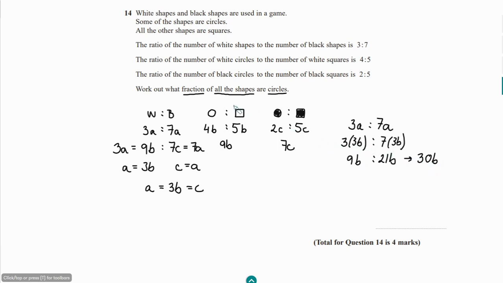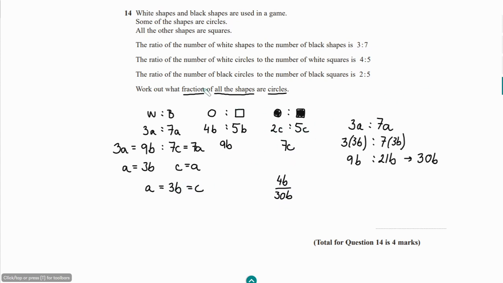Now we want to find out the fraction of all the shapes that are circles. So all the shapes are expressed this way, and now we want the circles. So 4 parts out of 30, because 4b to 30b. The c we can deal with through b, that's 3b.